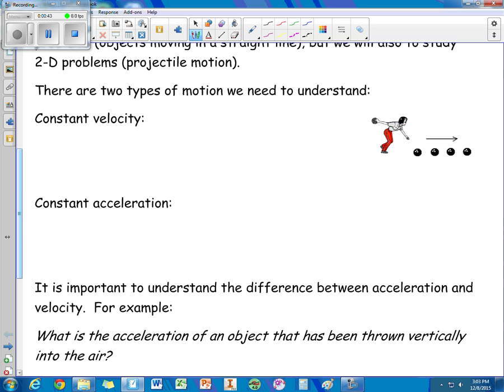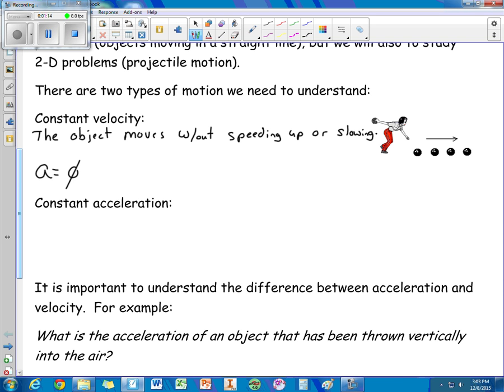So for constant velocity, the object's going to move without speeding up or slowing down. What that means then is that the acceleration equals 0.